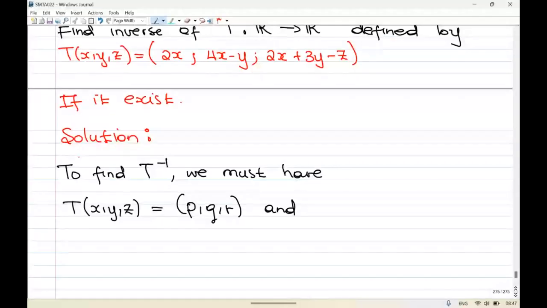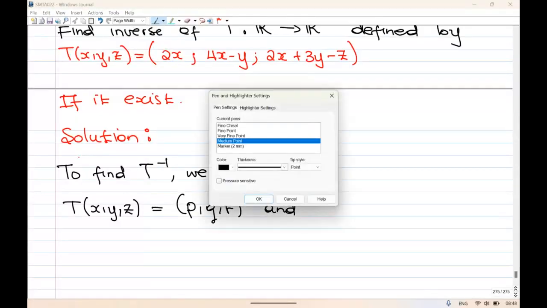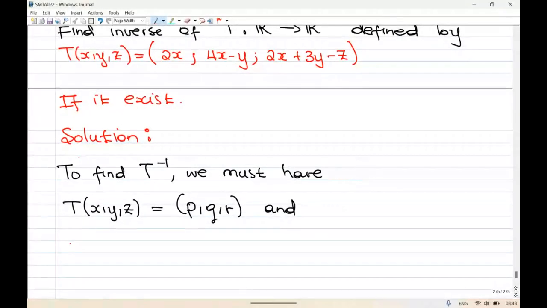from this, remember from high school, if I want to make (x, y, z) the subject of the formula, I can multiply the whole statement from the left by T inverse. But there's no need. Let me just write this and let me know if you don't understand.